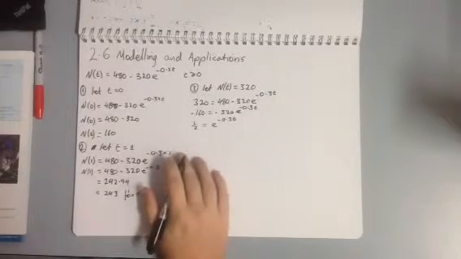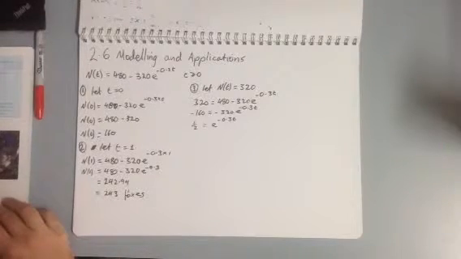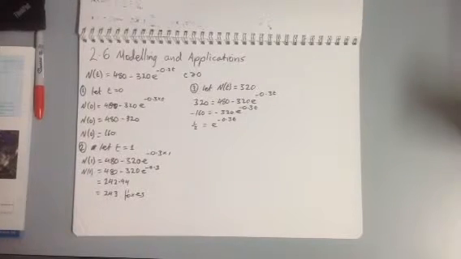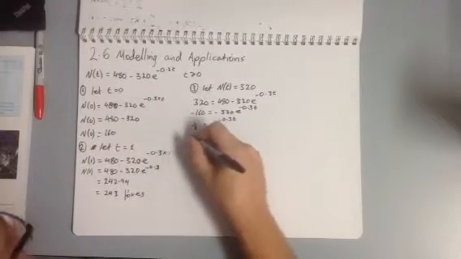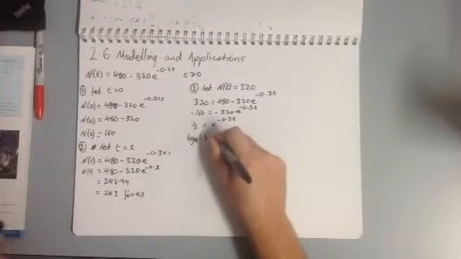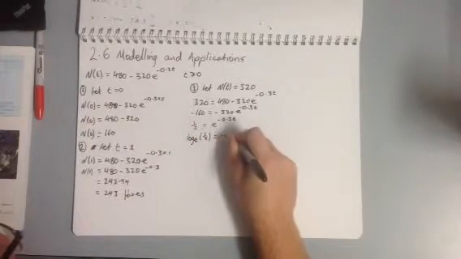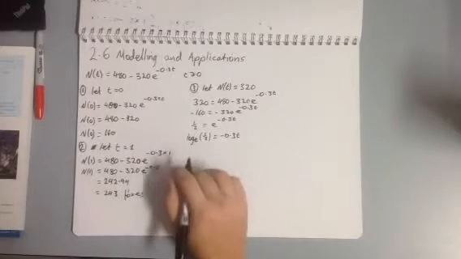At this point in the course, if you haven't done much work with changing between exponentials and logs, we need to use our calculator. But what we can do is manipulate this so we get log to the base e of a half equals negative 0.3 t.